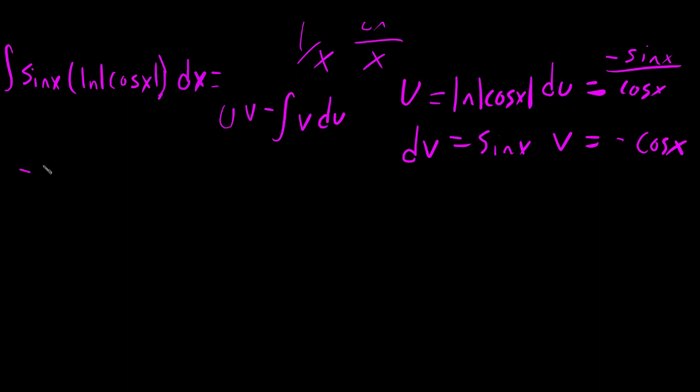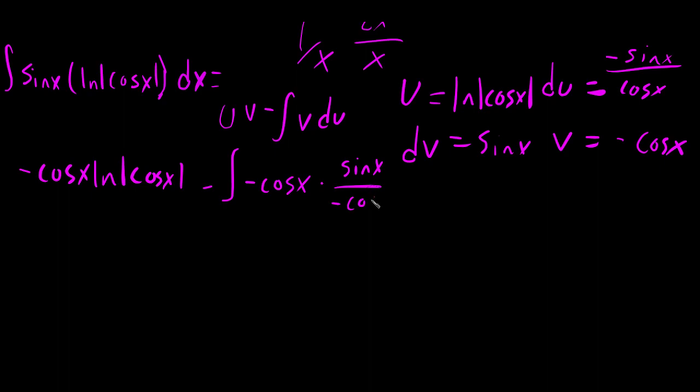So negative cosine x ln cosine x, minus, v is negative cosine x times sine over negative cosine x. You see how I just moved the negative down because it doesn't make a difference, but I just don't want to have to deal with any negatives. Otherwise you would just be integrating a negative sine instead of a positive sine.